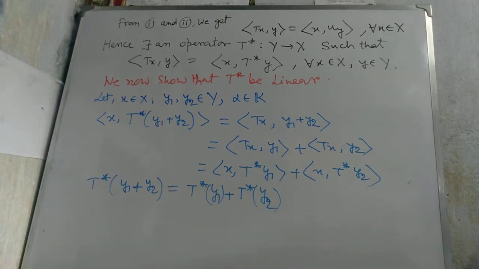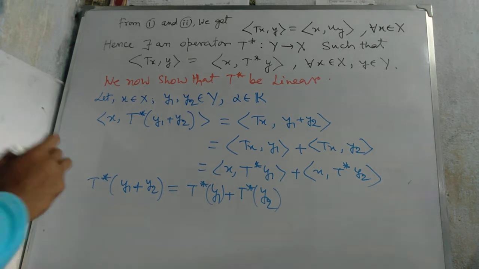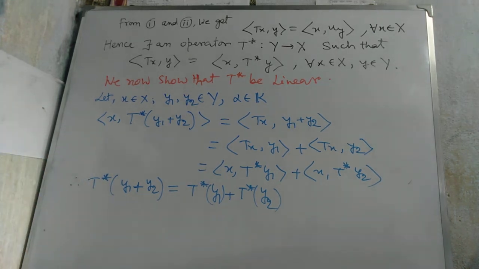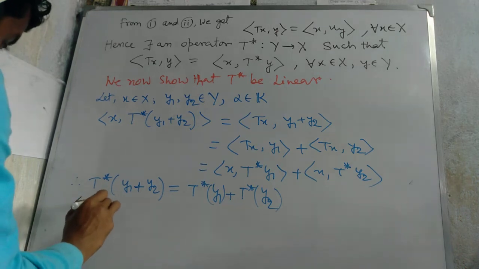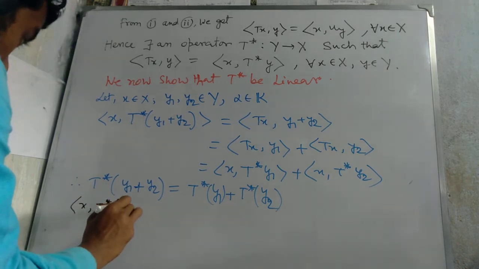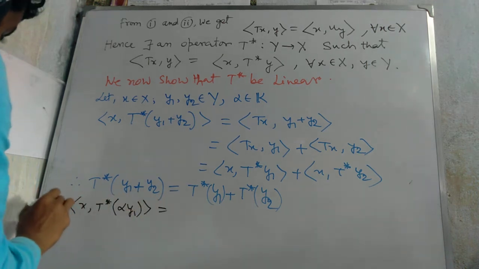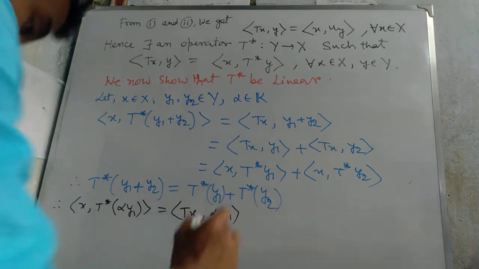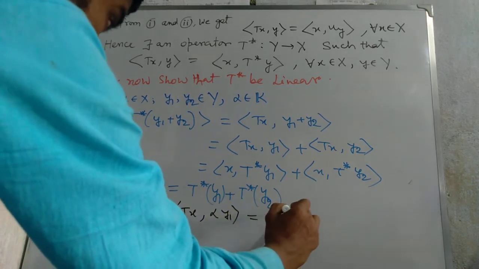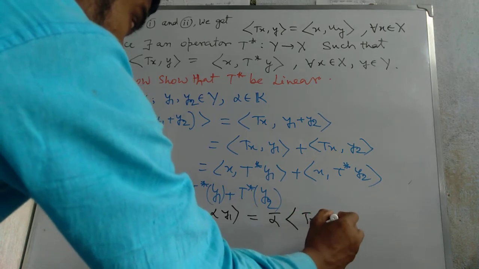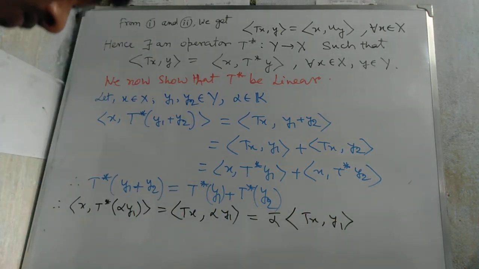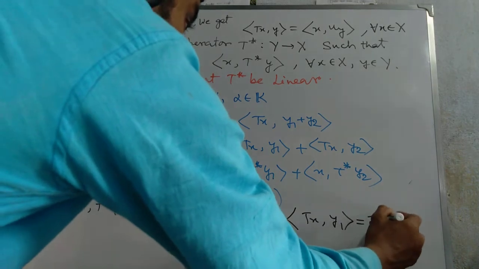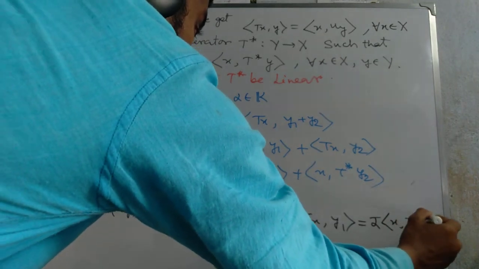Next we see that <x, T star(alpha y1)> equals <Tx, alpha y1>, which equals alpha conjugate <Tx, y1>, which equals alpha conjugate <x, T star y1>.